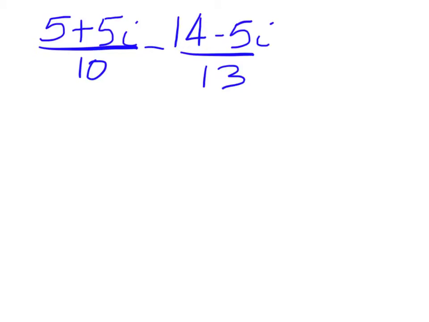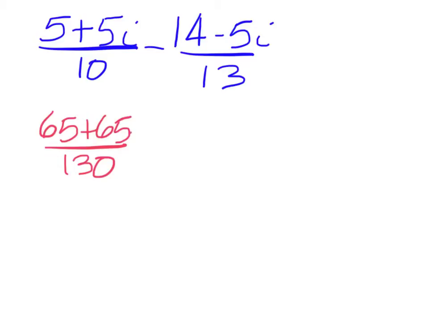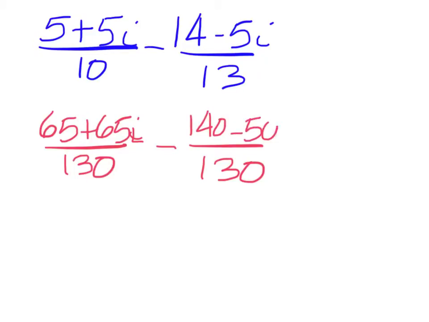If I multiply this one by 13 on the bottom to get 130, on the top I would get 65 plus 65i. And then on the right side, to get 130, I'd have to multiply by 10, which would give me 140 minus 50i on the top.